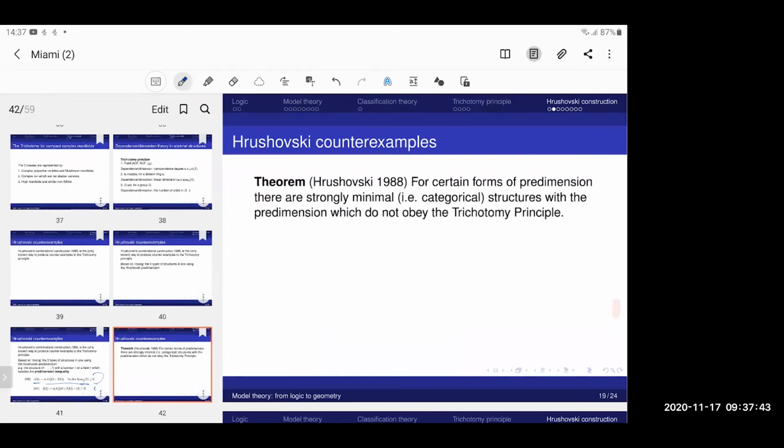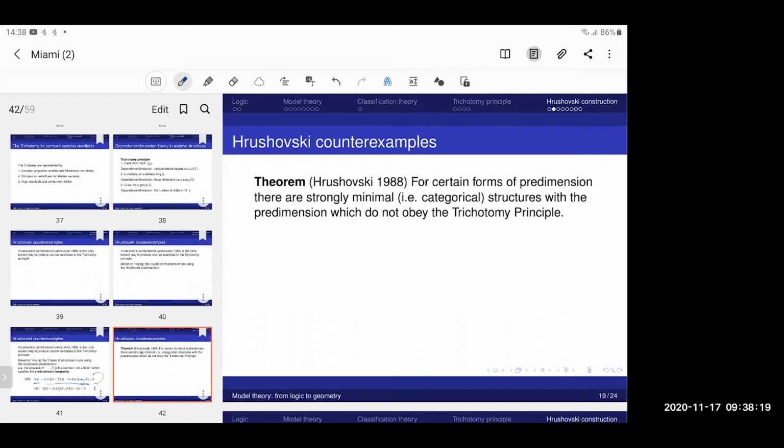Now, Hrushovski proves that for certain forms of this pre-dimension, after you undergo certain procedures typical for model theory, but very non-trivial really, you get a strongly minimal, categorical structure, which contradicts this trichotomy principle.